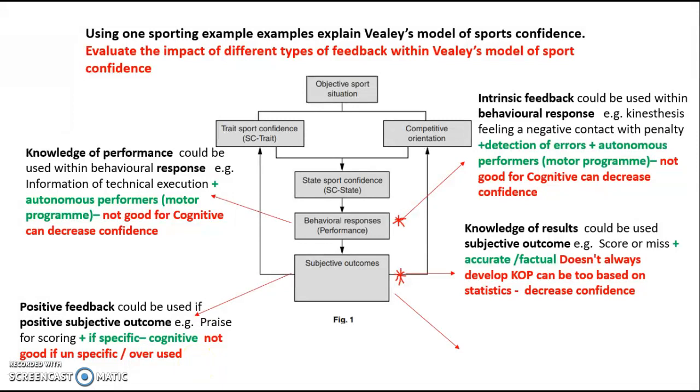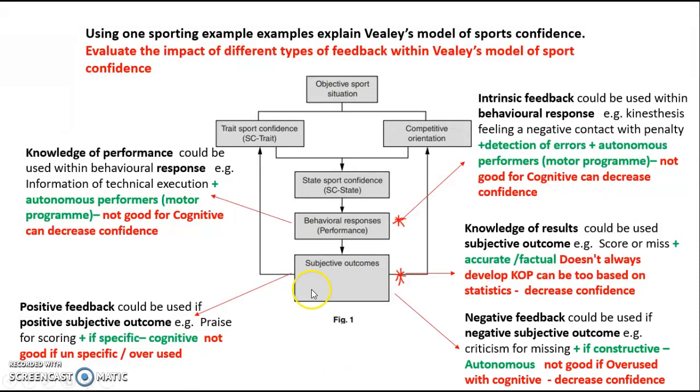Bearing in mind you've got positive feedback, you can also talk about extrinsic feedback in terms of your positive feedback. Those two work together. And I've put this one on there because if you had a negative subjective outcome, lots of professional sports performers miss penalties, and they would need to know why they missed from a coach, for example. So negative feedback could also be used if there's a negative subjective outcome.